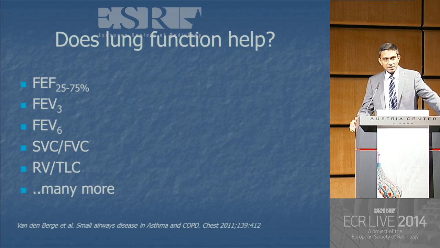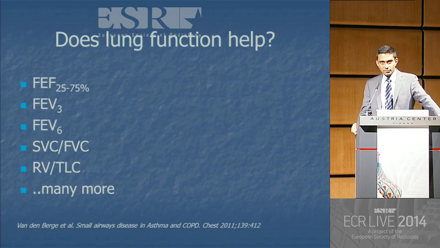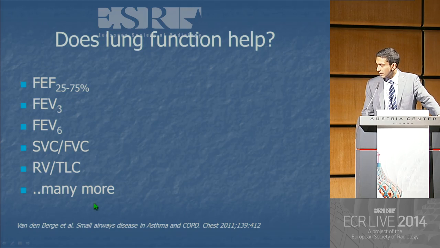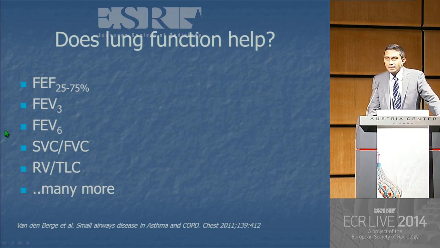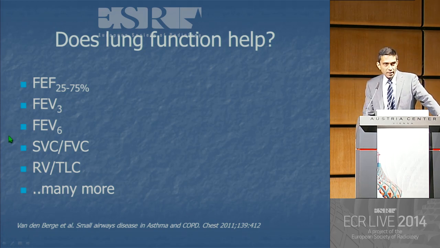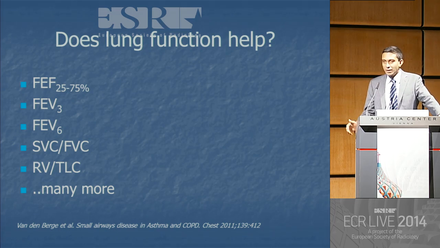The problem of differentiating significant from normal physiology is also made worse by the fact that lung function parameters are neither completely sensitive nor specific. I can recommend this article here by Van den Berg for anyone who's interested that goes into this in a lot more detail, but the fact that there are at least half a dozen variables that have been described in the literature as being relatively reliable for small airways disease tells you actually that none of them are very good.